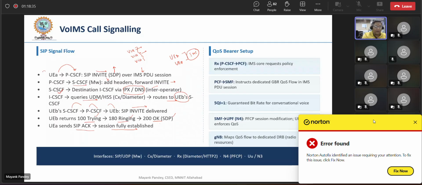This is happening, and we have discussed in the class that parallelly one more thing happens: the dedicated bearer. The P-CSCF asks the PCF to enforce the policy.